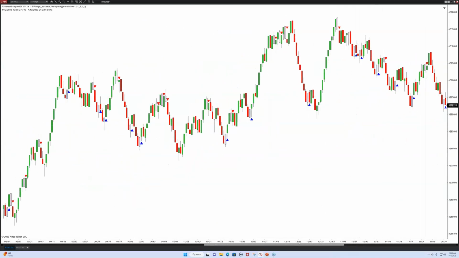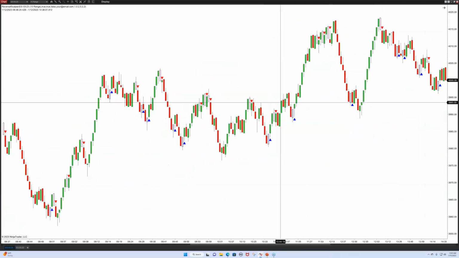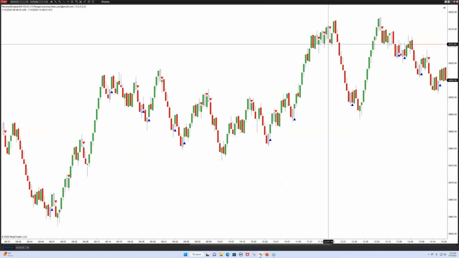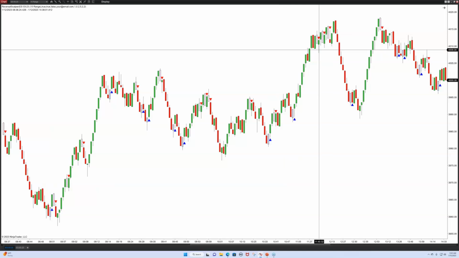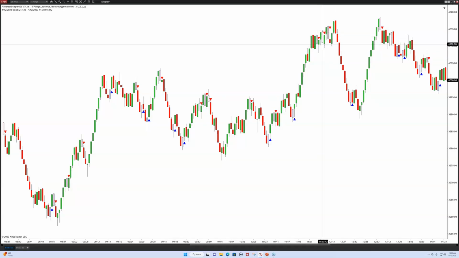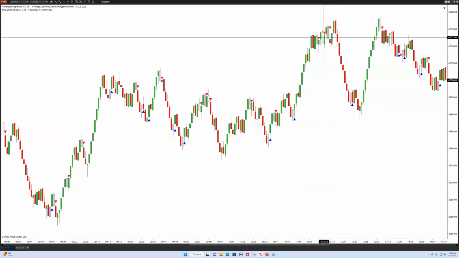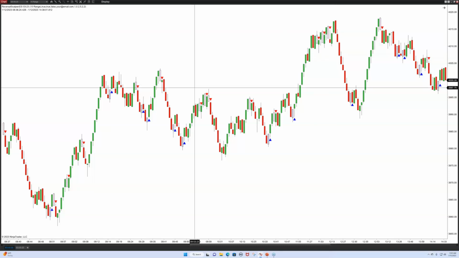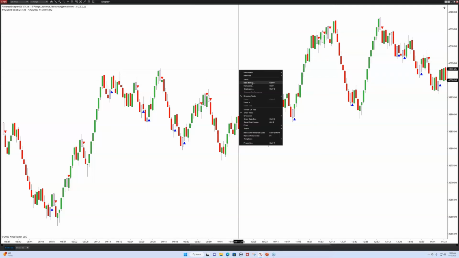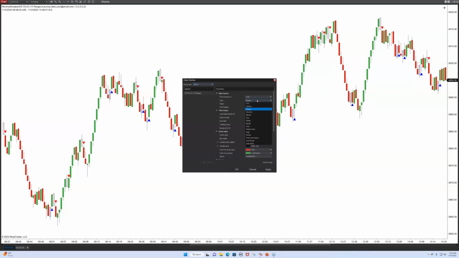You can see the day before, when you're getting nice movements in the market, you're getting some nice trades. Again, this is the problem with using range-based charts: it ticks up, ticks down, ticks up, ticks down. Red bar, green bar, red bar, green bar, right?